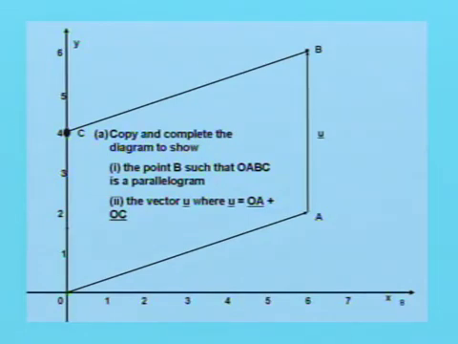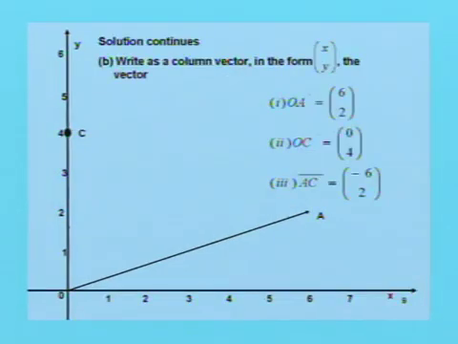Part 2. Vector U is equal to vector OA plus vector OC. Look for OA. OA plus OC is vector U. Solution continues.